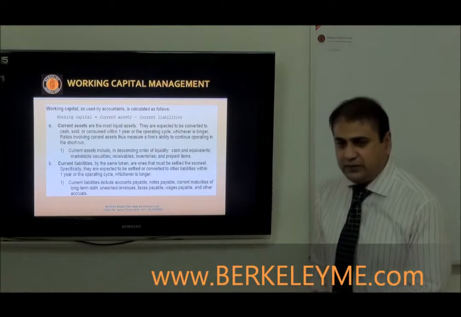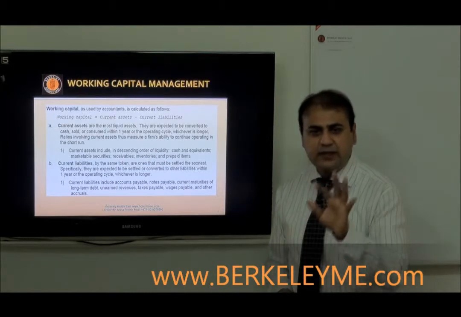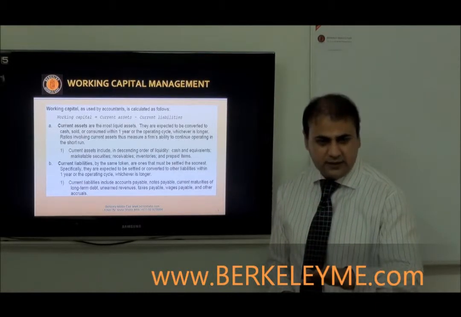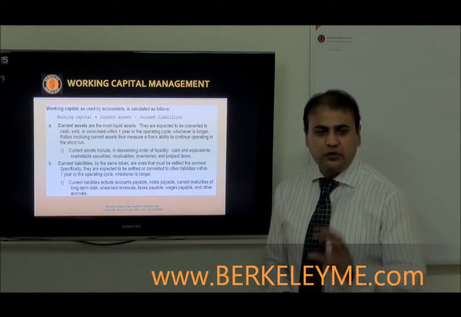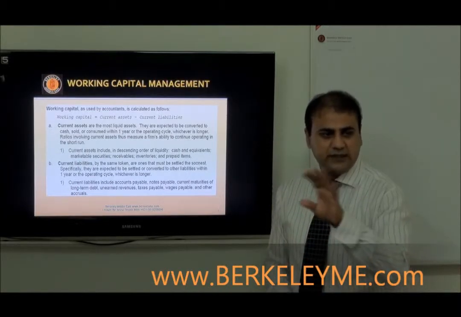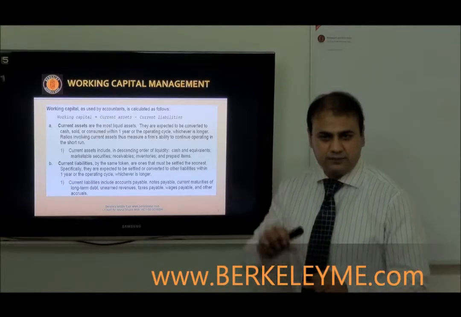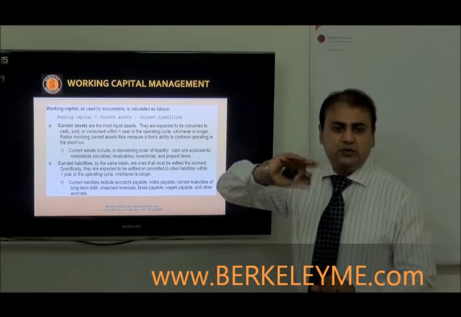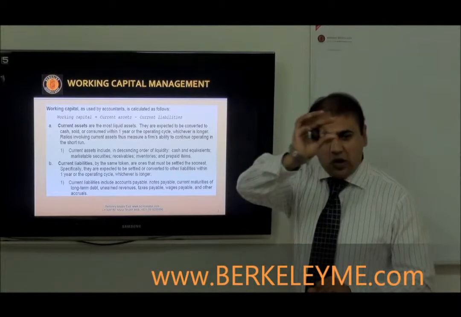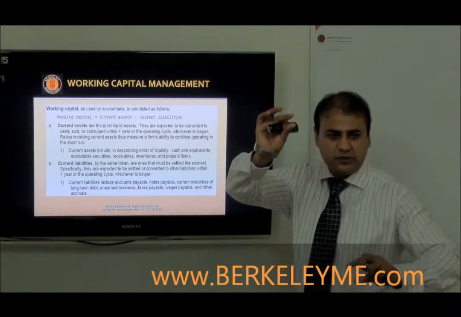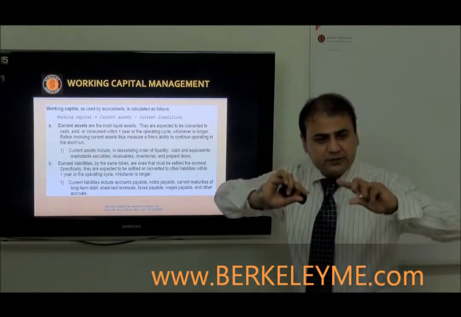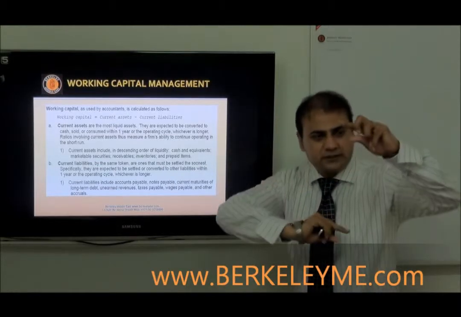Now there is a difference between the British system and the American system. This is an American degree. In the British system, we show in the balance sheet, which is now the statement of financial position, the stocks at the top and the cash at the bottom. In GAAP in the US it is opposite.